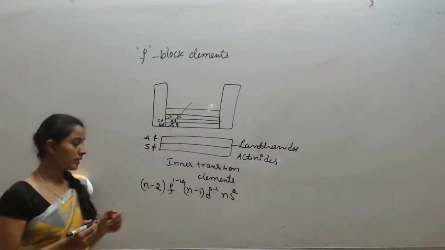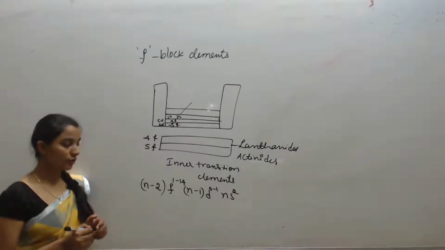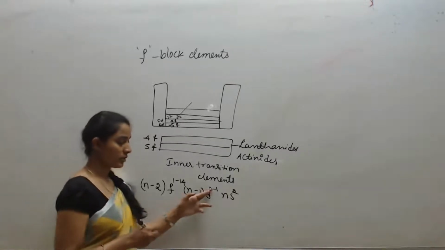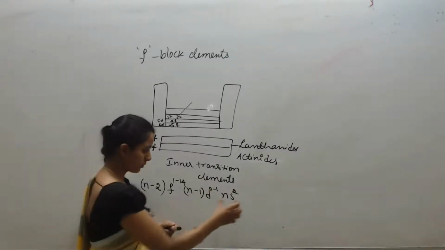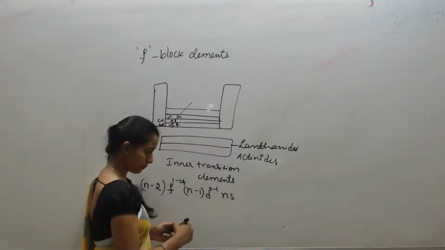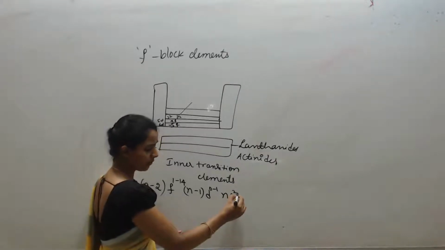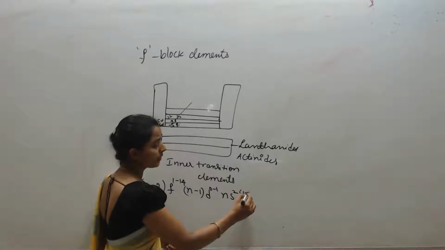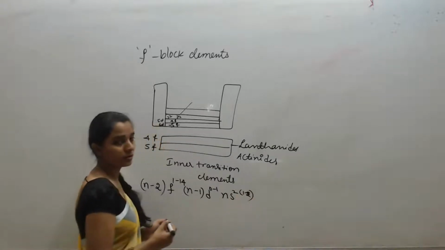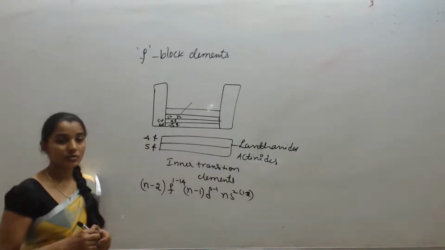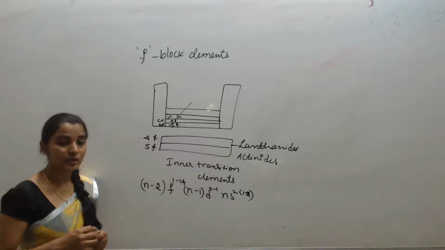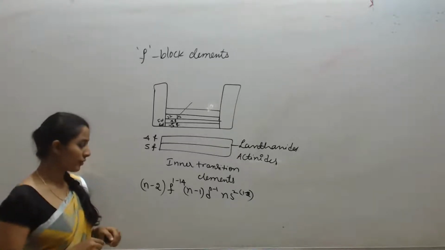It has (n-2)f 1 to 14, (n-1)d 0 to 1 and ns 1 to 2. Actually it has a completely fixed configuration, but in some cases it may vary, showing the stability of half-filled and completely filled configurations.